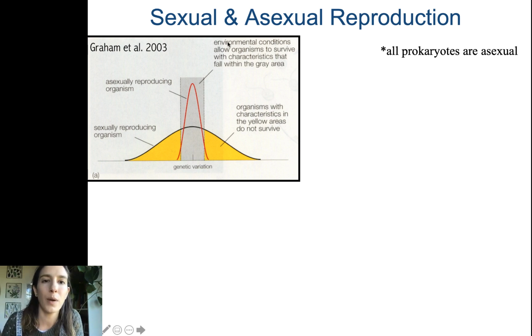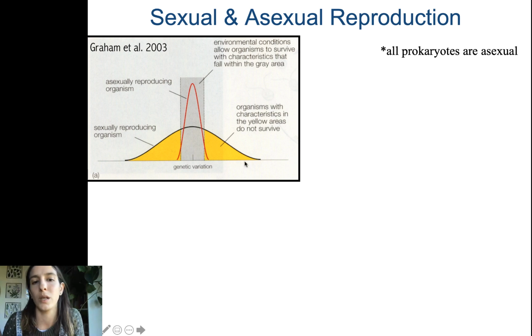And when you have an environment that allows for the conditions that are in this gray box, like this gray space right here represents some environment, the organisms that are within this gray box are the only ones that can survive. So the sexually reproducing organisms over here on the yellow triangle will not survive because they're not within this gray box.